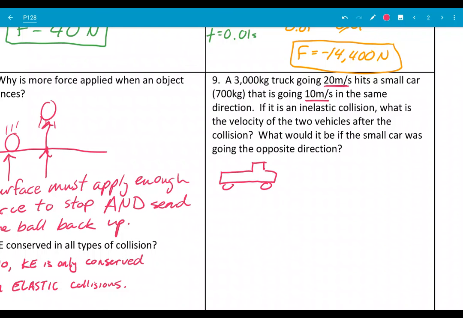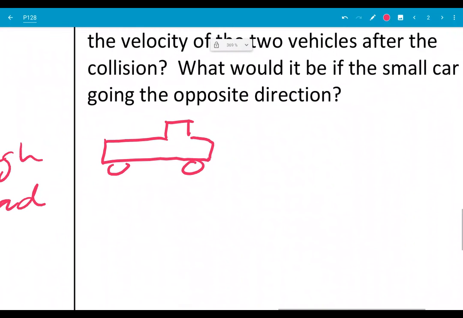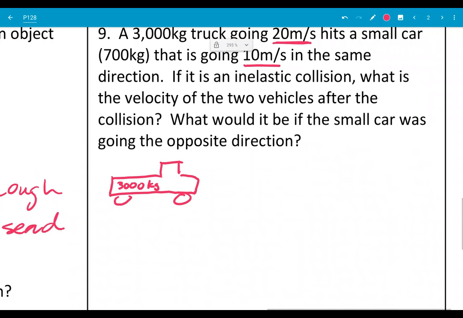There's our truck, with a mass of 3,000 kilograms and a velocity of 20 meters per second.